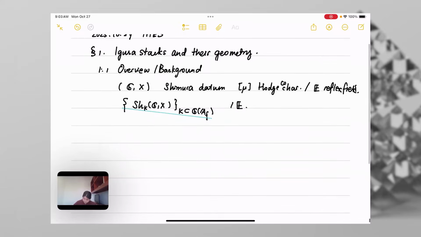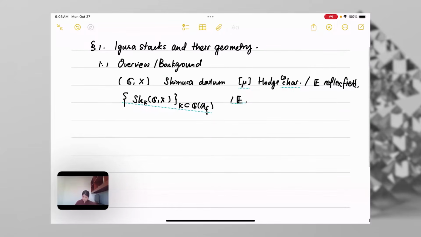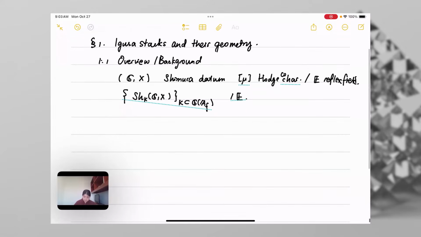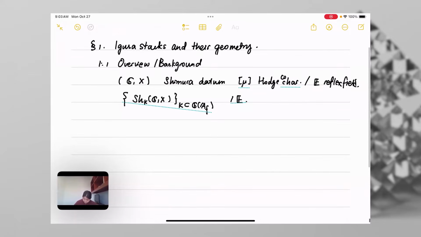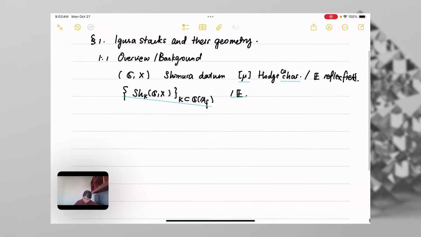The basic question we wish to understand is the geometry of these varieties, as well as their cohomologies, for the purpose of studying the Langlands program. And the story of Igusa stacks begins when Scholze, in 2015, had the nice idea that you can study the cohomology of these Shimura varieties using a p-adic period morphism.